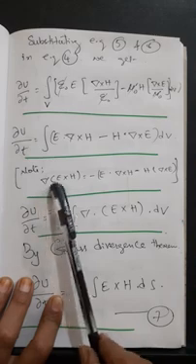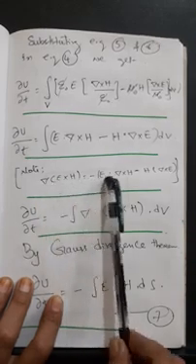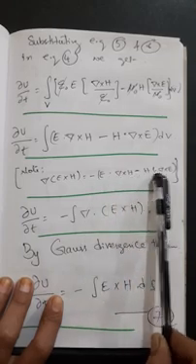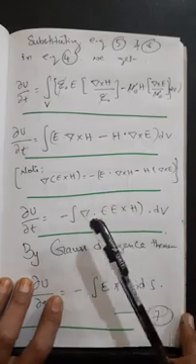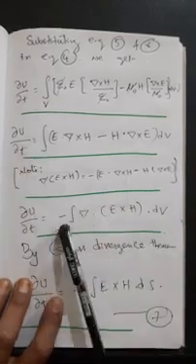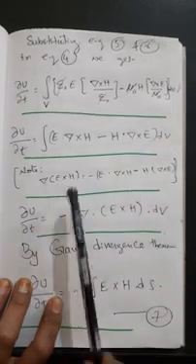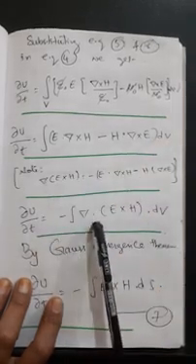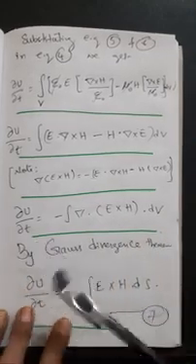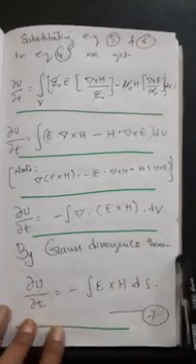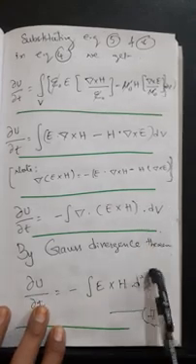We know that in mathematics del dot (E cross H) can be written as H·(del cross E) minus E·(del cross H). We know this identity by mathematics. Here ∂U/∂t can be written in this form, converted into minus of integration of del dot (E cross H) dV. Now by the Gauss divergence theorem, this volume integral is converted into a surface integral.